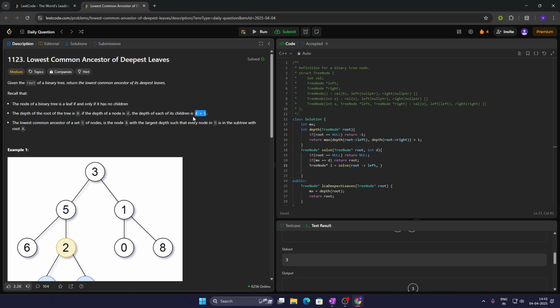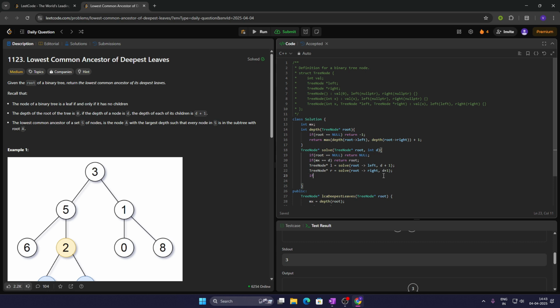See here, it's clearly mentioned that the depth will be increased as we are exploring its children. So the d will be incremented by 1 here. Similarly for the right also. In this recursive function, we are able to get the left and right sides as well.